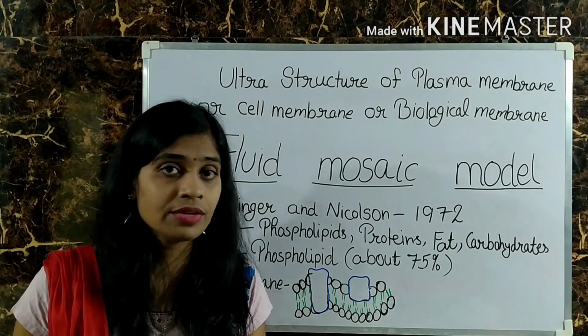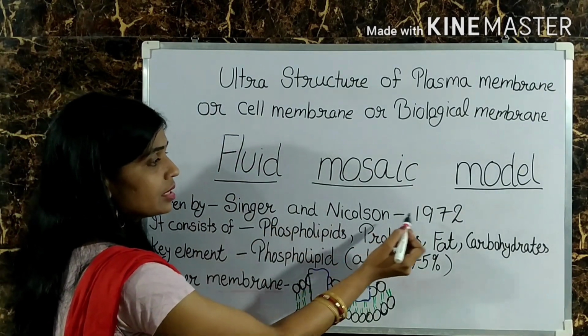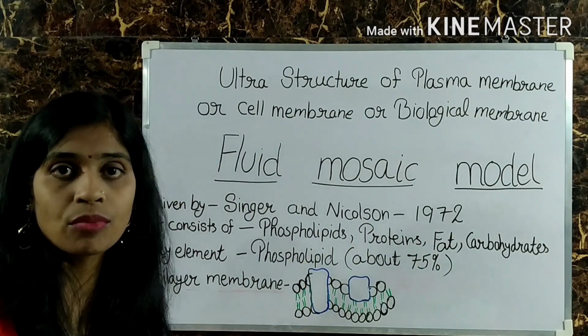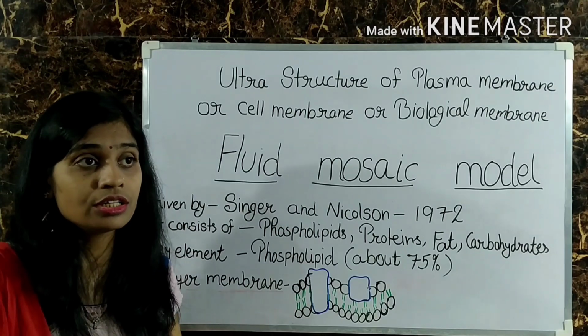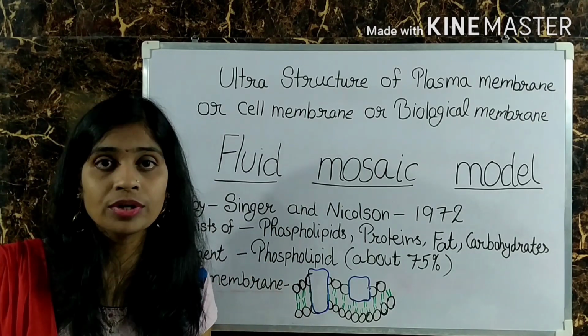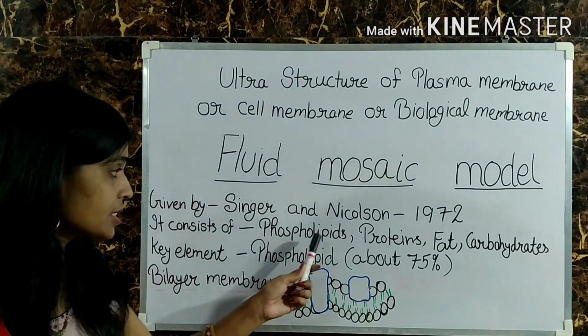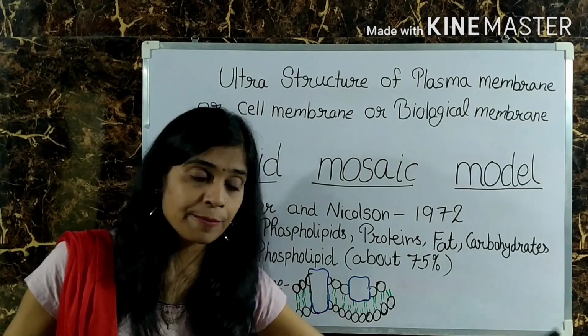Who gave the fluid mosaic model? Singer and Nicolson gave the fluid mosaic model in 1972. The fluid mosaic model consists of some components: phospholipids, proteins, fats and carbohydrates.